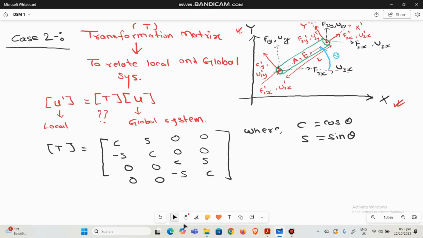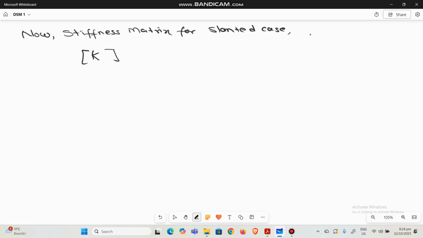So now this transformation matrix is used to find the stiffness matrix for this kind of slanted bar. For the slanted case, if we have to find the stiffness matrix, then we just use this formula.